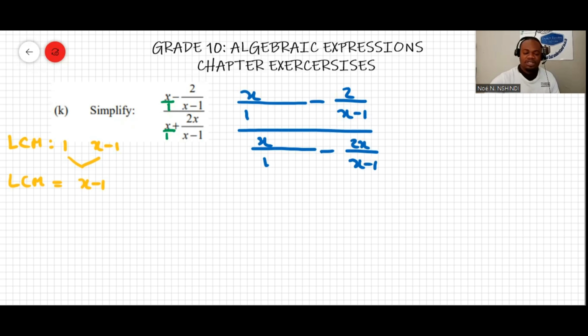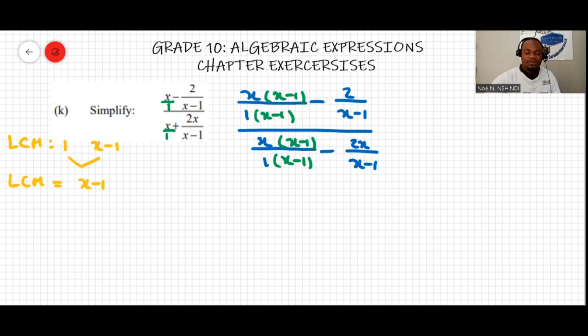To do that, I'll multiply here by x minus 1. I do the same with the numerator to keep my fraction the same. Over here also I multiply by x minus 1, and there I multiply by x minus 1. Now I have a common denominator.